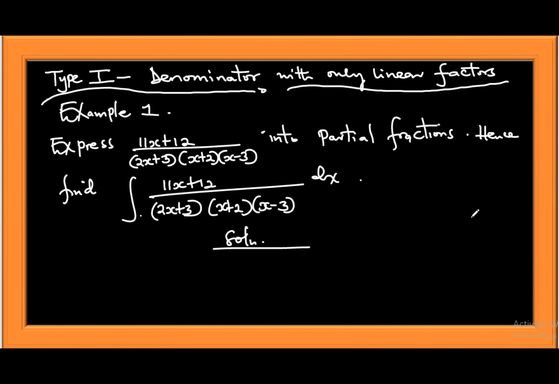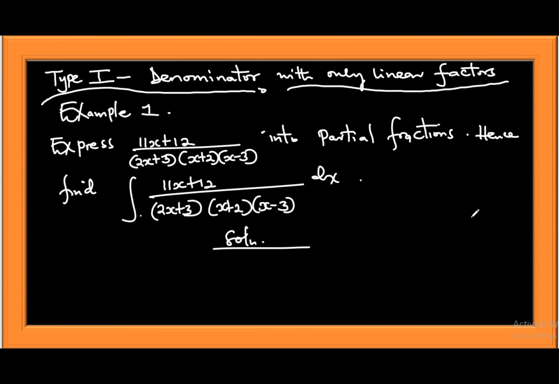Okay, in our type 1, we're beginning with one simple example. It says express (11x plus 12) divided by (2x plus 3)(x plus 2)(x minus 3) into partial fractions. Hence find the integral of that same expression.